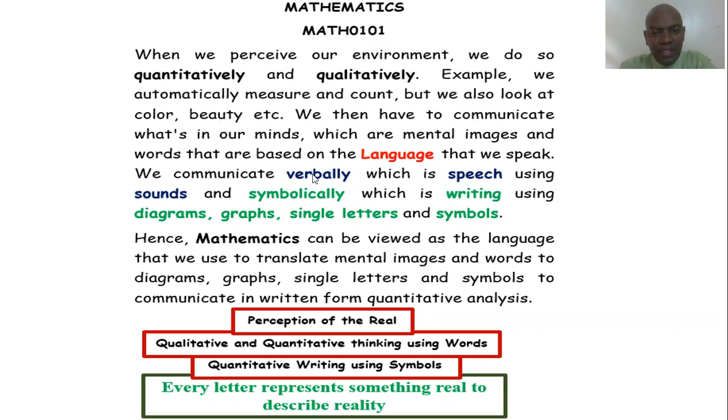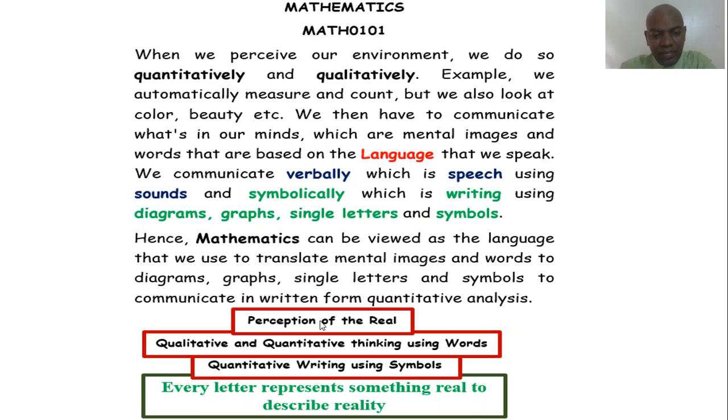We communicate verbally, which is speech using sounds, and symbolically, which is writing using diagrams, graphs, letters, and symbols. Hence, mathematics can be viewed as the language that we use to translate mental images and words to diagrams, graphs, single letters, and symbols to communicate quantitative analysis in written form.